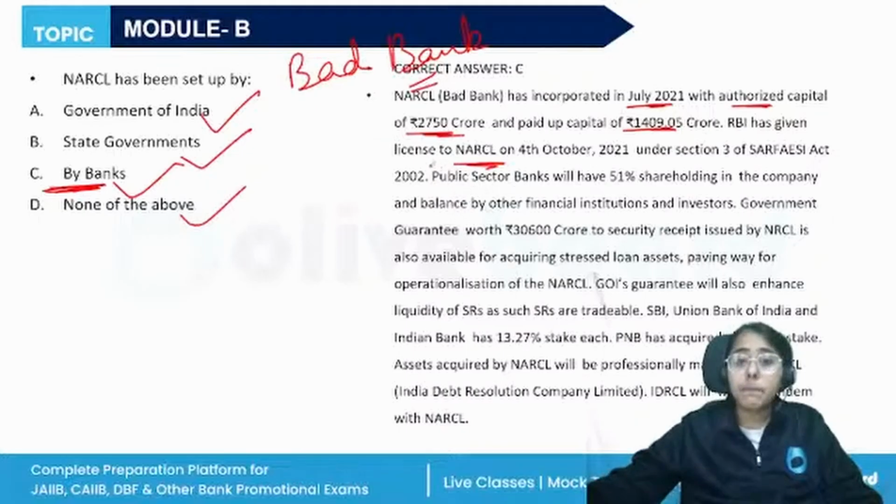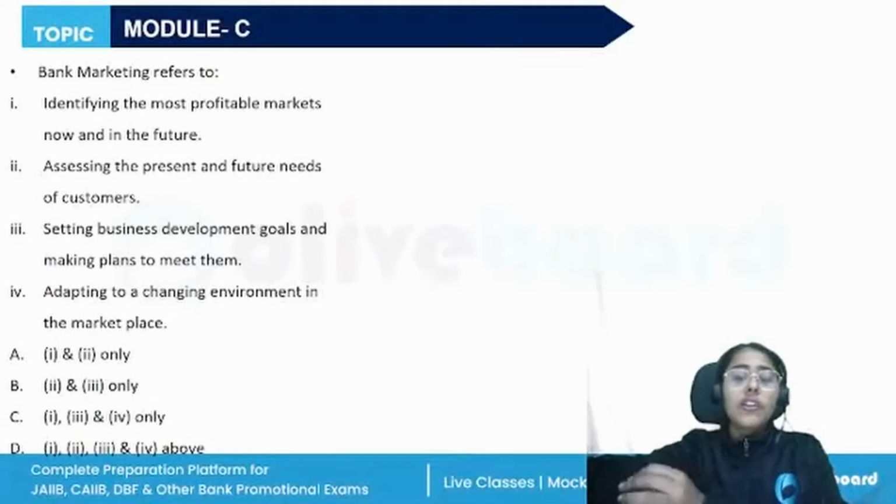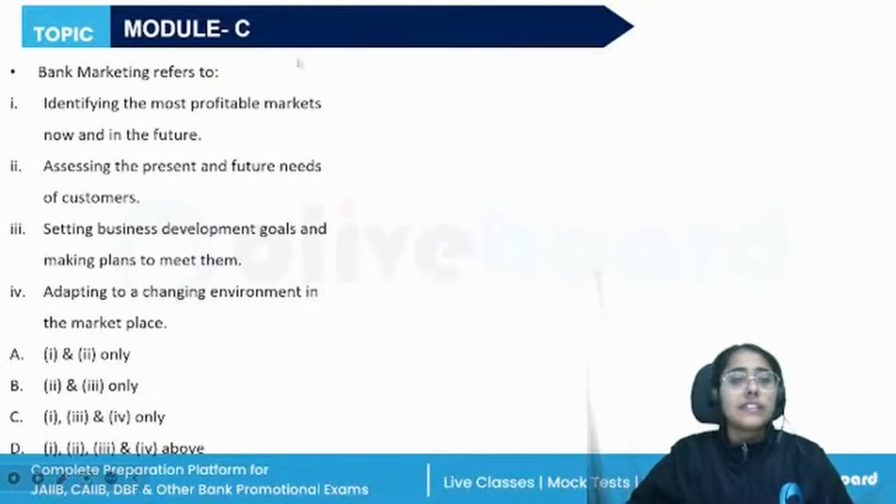Here, public sector banks will have 51% shareholdings. So they will act as the bad bank. Apart from the NARCL, the IDRCL has also been set up, the India Debt Resolution Company Limited, which was incorporated on 3rd September 2021.